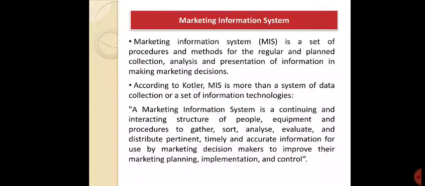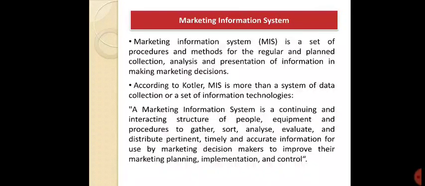A marketing information system is intended to bring together a lot of data into an understandable body of information, and it provides processed data which is suitable for decision making. According to Kotler, MIS is more than a system of data collection or a set of information technologies.